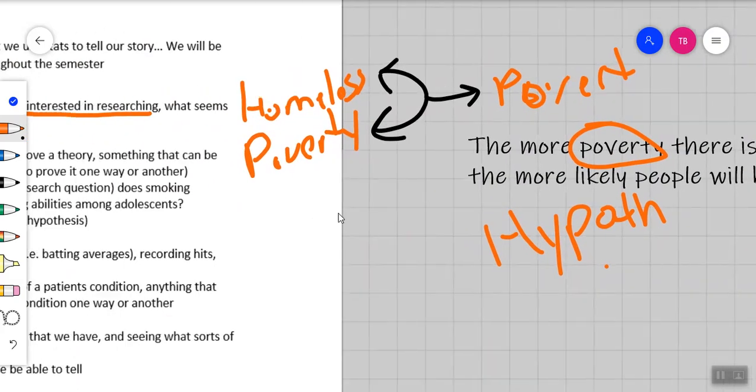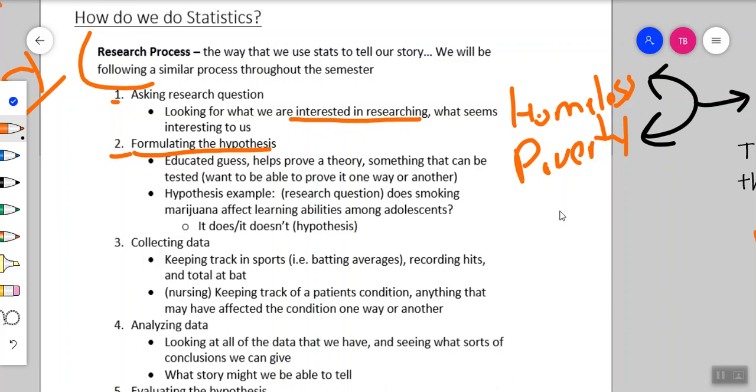A hypothesis is simply a reason or a story why you might think something is happening. Your research question is what you're interested in looking at, in this case homelessness and poverty. A hypothesis is why you think this is happening.